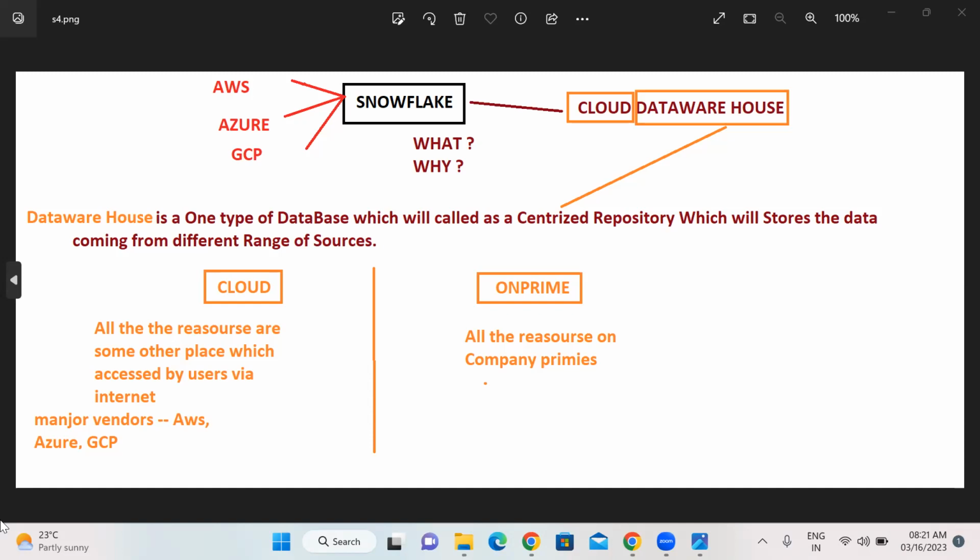From Excel to relational databases like RDBMS, DB2, MySQL, Oracle, Postgres, all are databases because they qualify with the five norms. What are the five norms? Please check in Google, you can get it. Whoever follows those five norms, we call it a database. That's why from Excel onwards we call them databases.